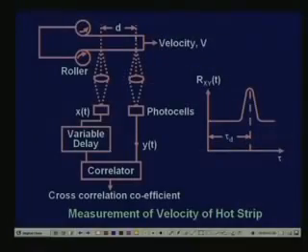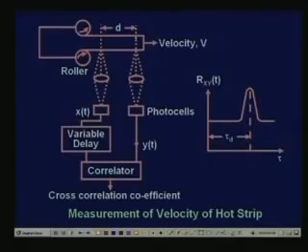So having said that, let's look at the setup. So now you see what we are doing is we are actually taking the signal from two channels. One is xt, another is yt. So suppose imagine that we are actually receiving radiation from one channel.